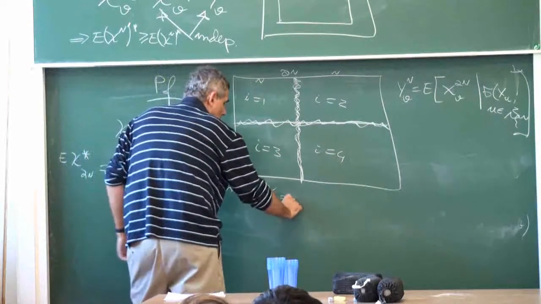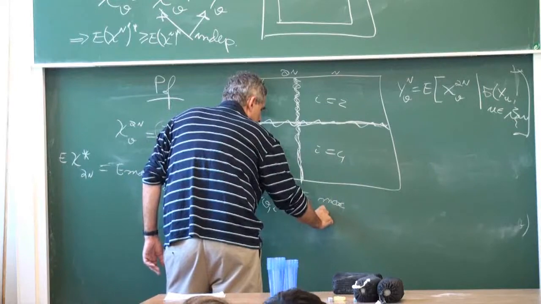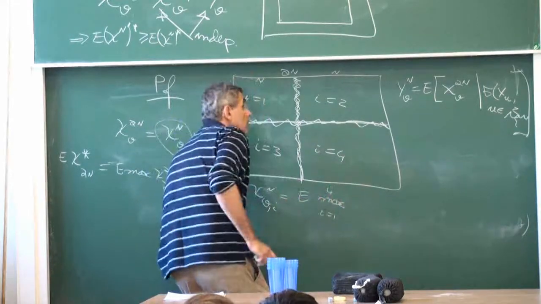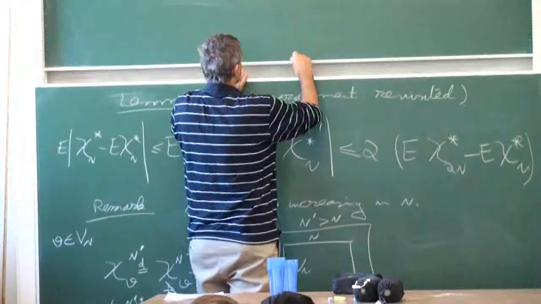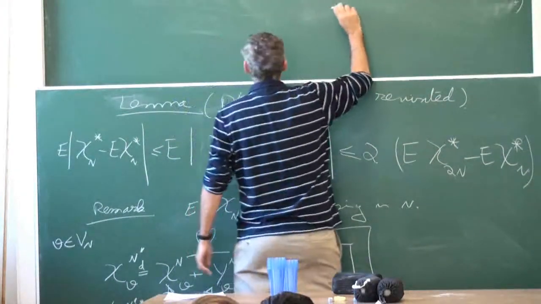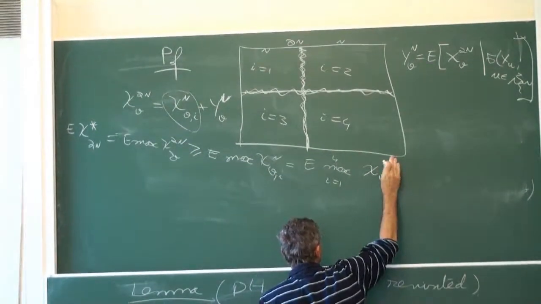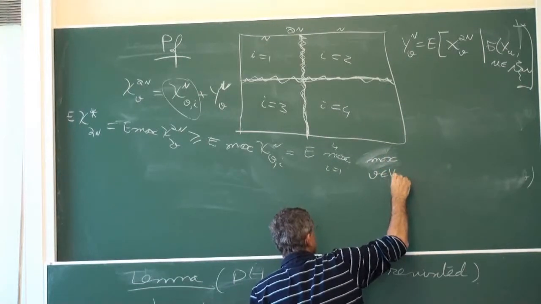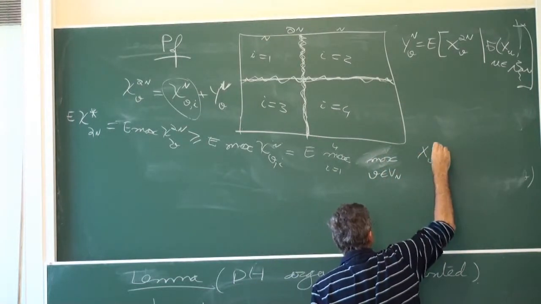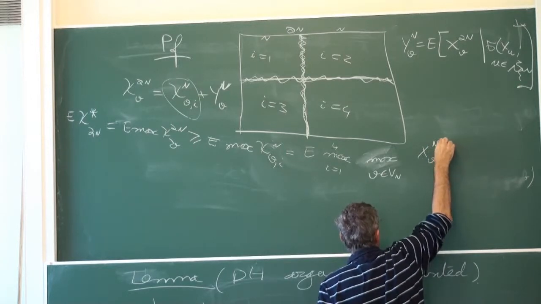So this is equal to the expectation of the maximum over i from 1 to 4 of the maximum over v in V_n of X_v^{n,i}.